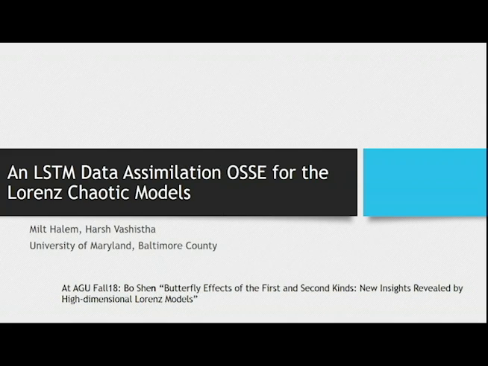At the AGU Fall Conference, I was actually given a poster and took some of these slides to make the poster. And on the other side, there's another row of boards, and there was this poster also talking about the butterfly effect, or Lorenz's 62 model, and it was Bo Shen.